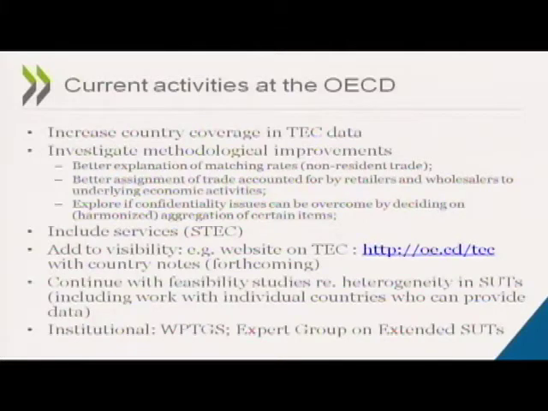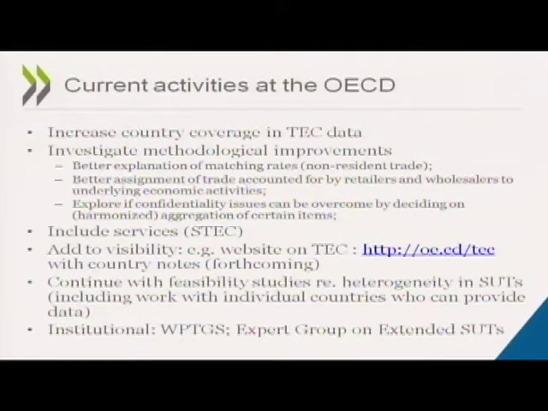We want to do more work in terms of methodological improvements for tech, better understanding of the matching rates where you have non-resident trades, firms that are not resident in your economy, not part of your business register, but that are trading in a way that is attributed to that particular country.